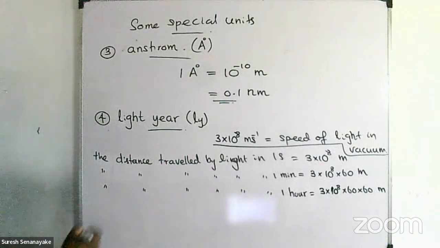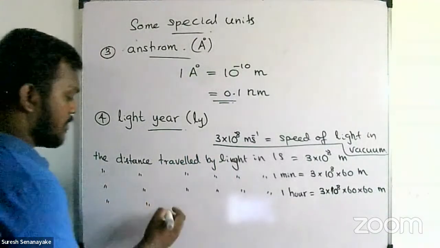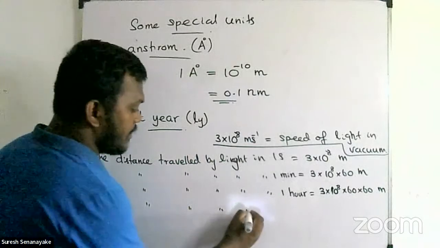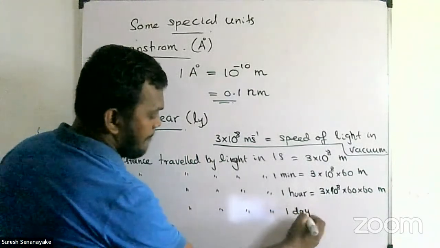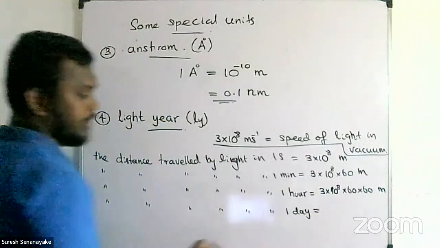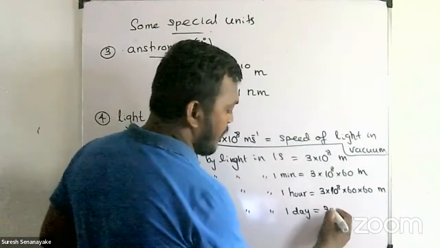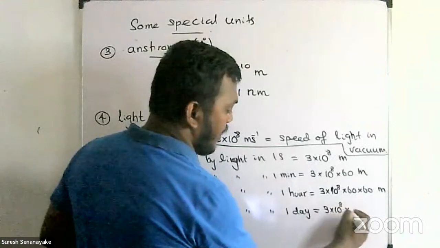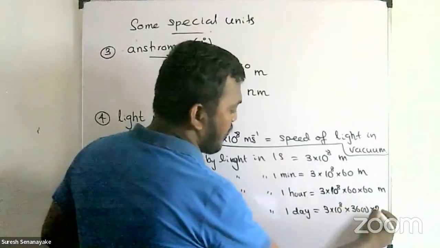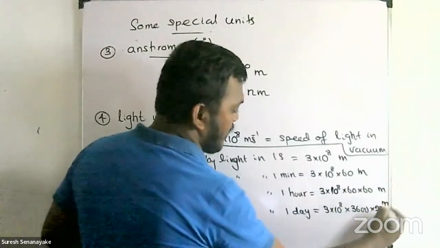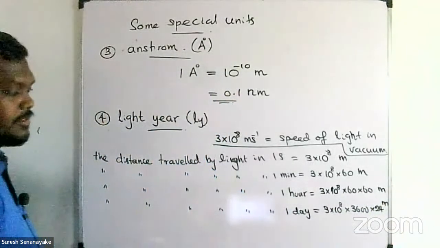Then the distance traveled by light in 1 day: there are 24 hours per day, right? So you need to multiply the above value, 3,600, by 24 meters.